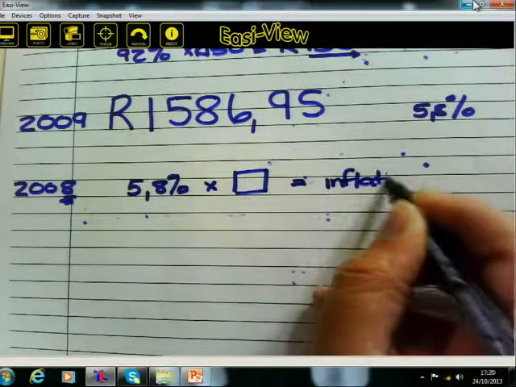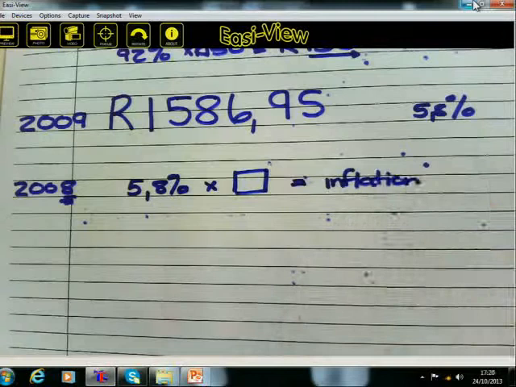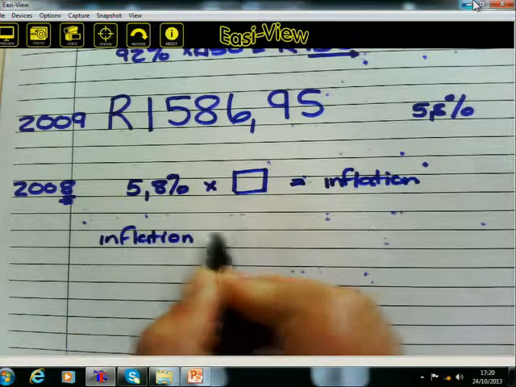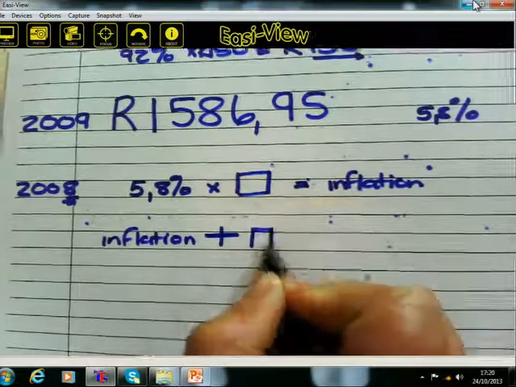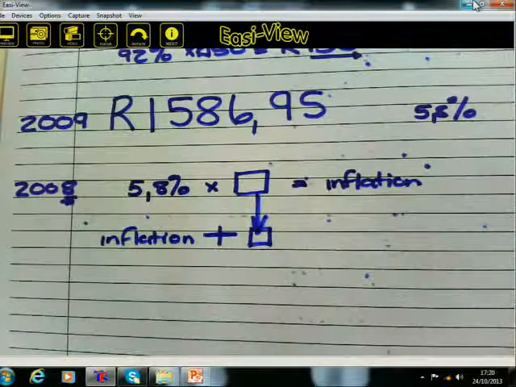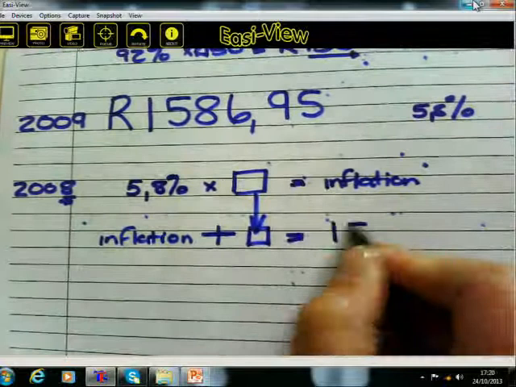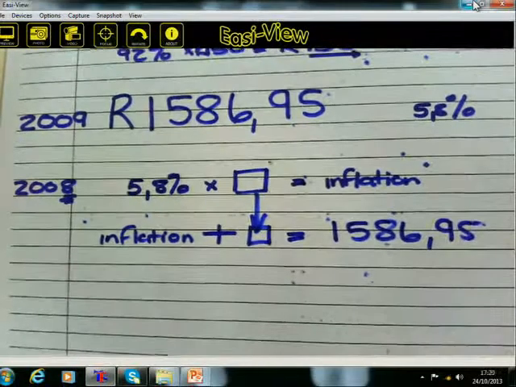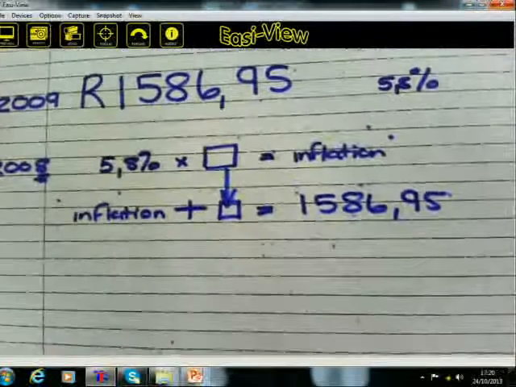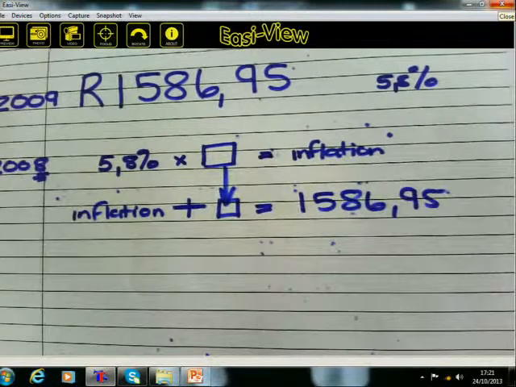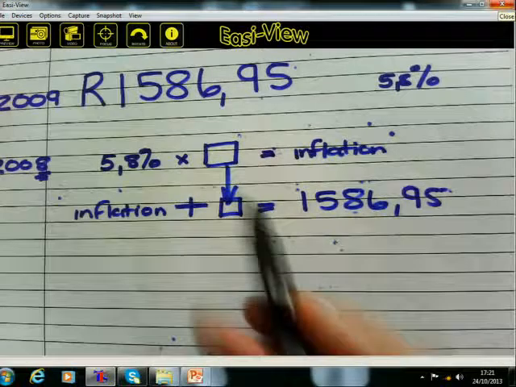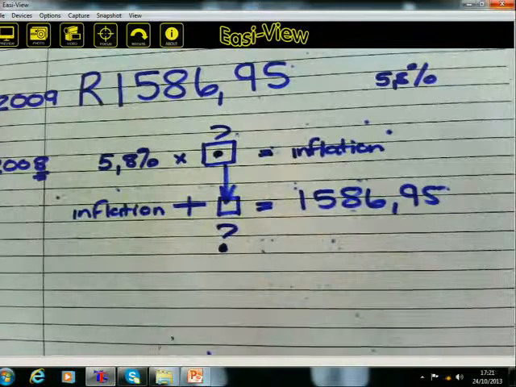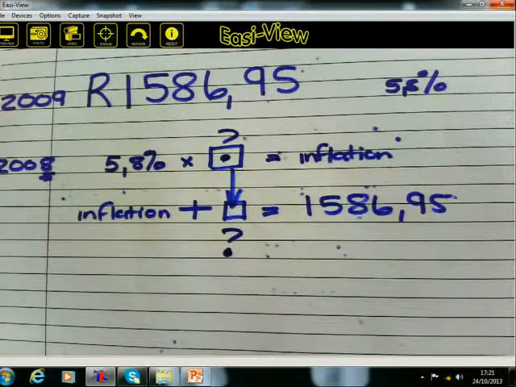Right, that was the amount of the inflation. Then they took that inflation and they added it to that same amount to get R1,586.95. That is what they actually did. And now what are they asking us?